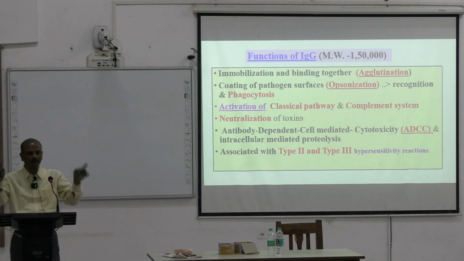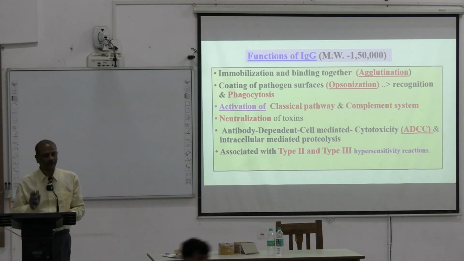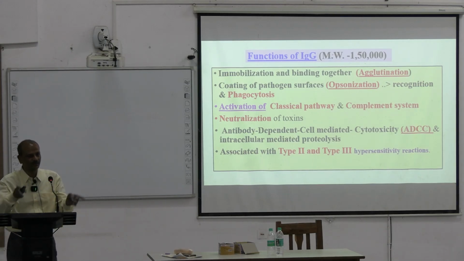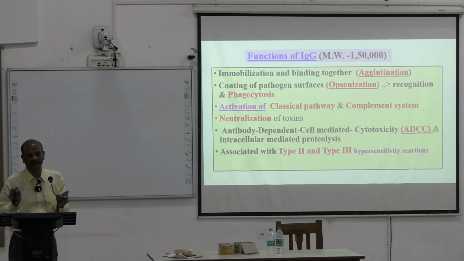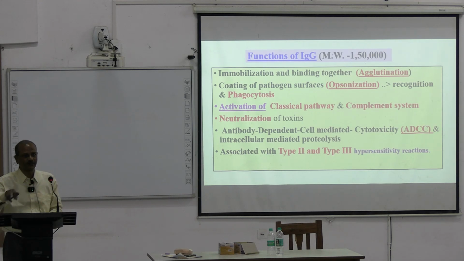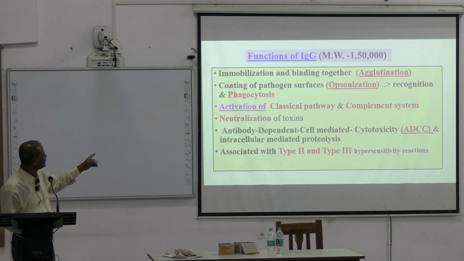Bacteria have very bad surfaces, so if phagocytes want to kill them, their plasma membrane will be destroyed. So they coat the foreign material, bacteria or virus, with the IgG type of antibody, and that is called opsonization. Coating the surface of the pathogen is called opsonization.